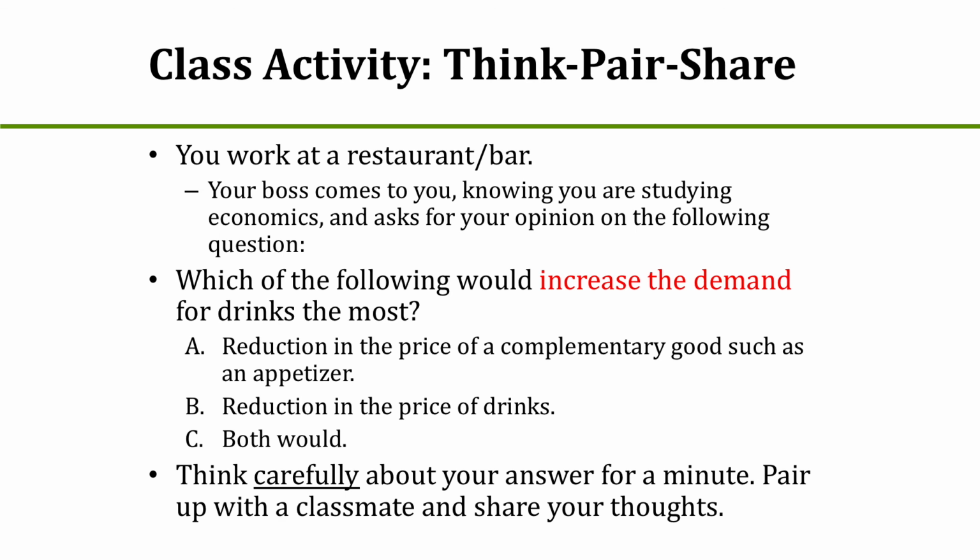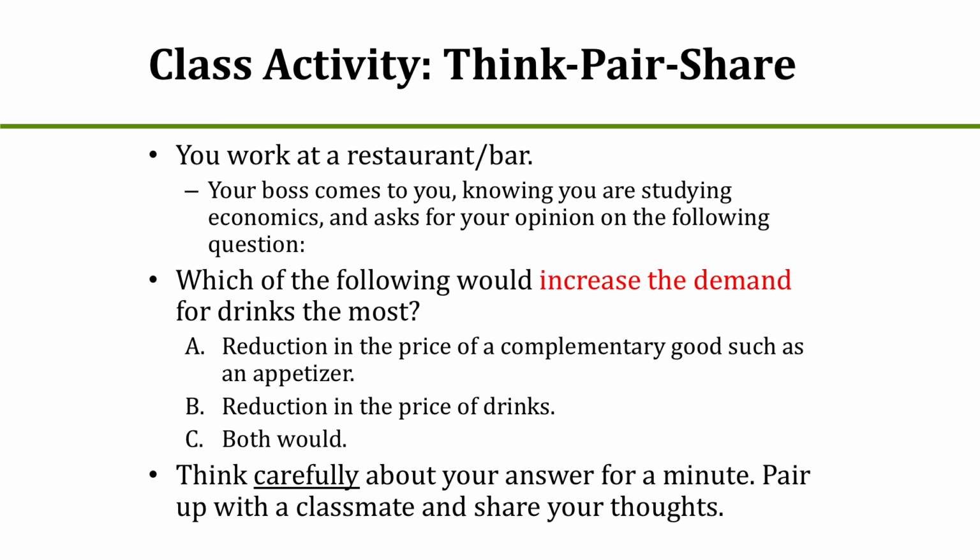Let's check option A, reduction in the price of a complementary good such as an appetizer. If you reduce the price of the appetizer, people tend to buy more appetizers. So this is a change in the quantity demanded for the appetizer market. But when people eat more appetizers, of course, they're going to be thirsty, so they will order more drinks.